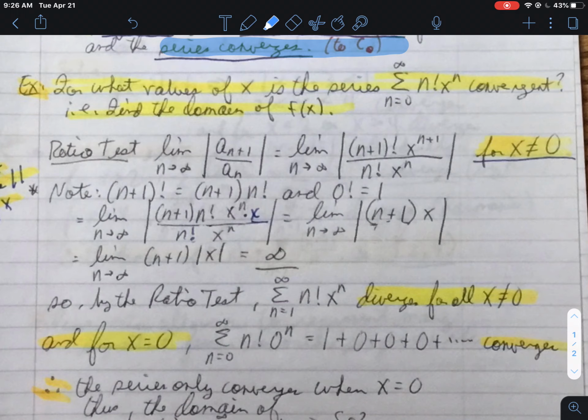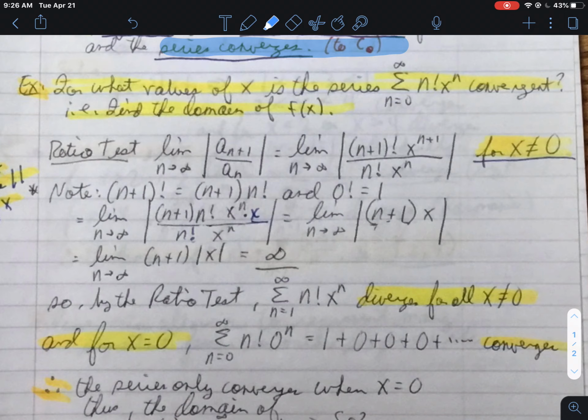But what this is going to allow us to do is actually come up with an expression, an inequality, that we can use to determine the values of x for which the series is convergent in the cases where the limit has a value that is less than 1. So ratio test is useful in that sense, right?